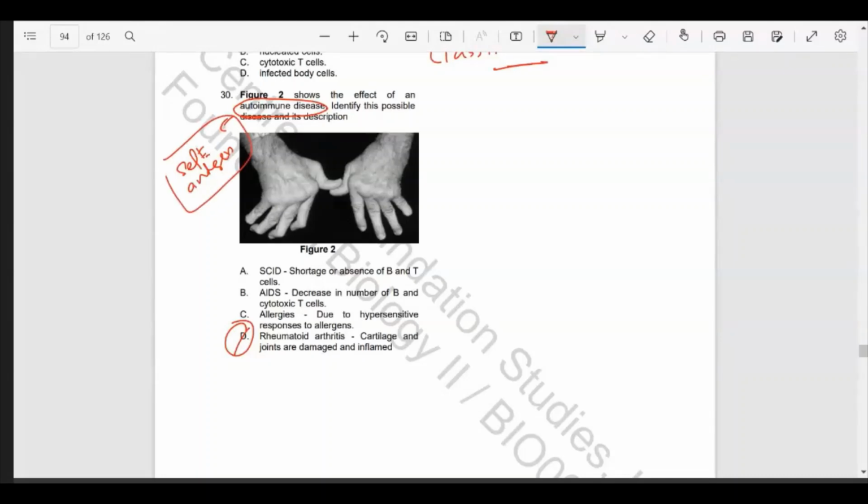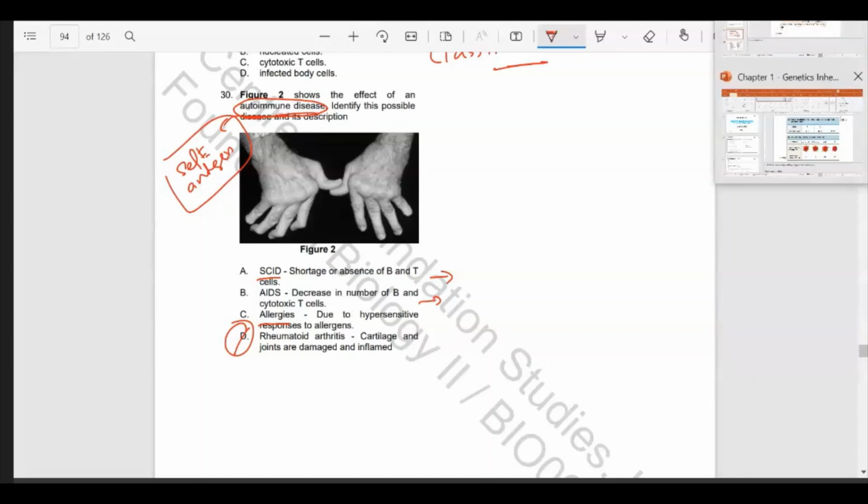It only attacks non-self, such as pathogens, anything foreign to your body. If it attacks self-antigen, it can lead to autoimmune disease. SCID is not an autoimmune disease, it is an immunodeficiency. AIDS is not an autoimmune disease either, it is an immunodeficiency acquired later in life. Allergies are also not autoimmune disease, they are allergic reactions.